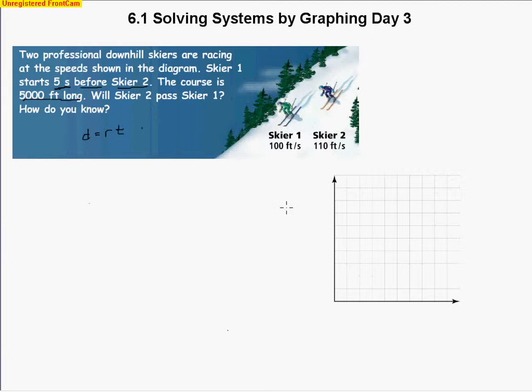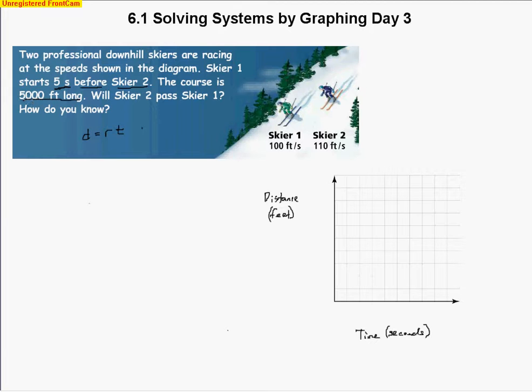So let's go ahead and fill in parts of our graph here. Our axes we'll label with distance along the y-axis. I like to have the dependent variable along that y-axis, and it's in feet, so I'll put those units there. And then we've got time running along the x-axis, and that time is in seconds. Now I'm not sure what kind of intervals I need, but I do know that I need to make it up to 5,000 feet.